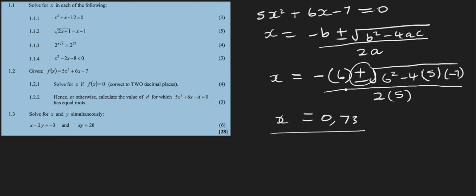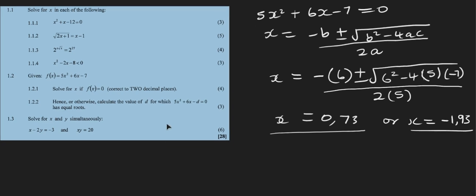After changing the sign and pressing equals, the value of x is negative 1.93. Then you are done. From there, we go straight to 1.2.2.